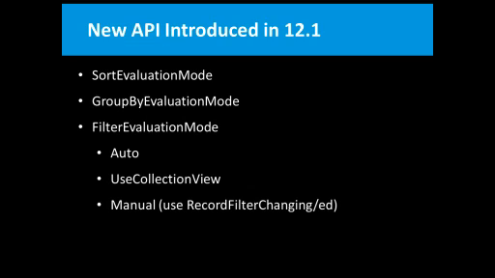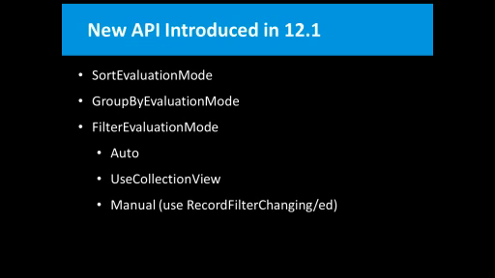Use collection view basically relays all the sorting, grouping, and filtering commands you enter down to the collection view, which does all the heavy lifting and returns a modified view to the XamDataGrid to bind to. So this is much more effective, as you can imagine.